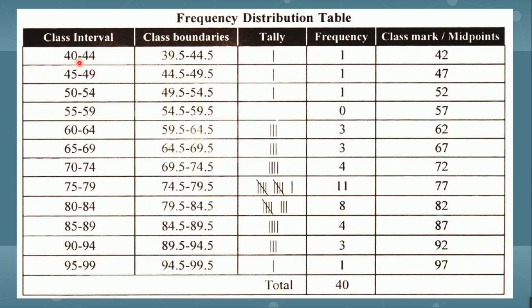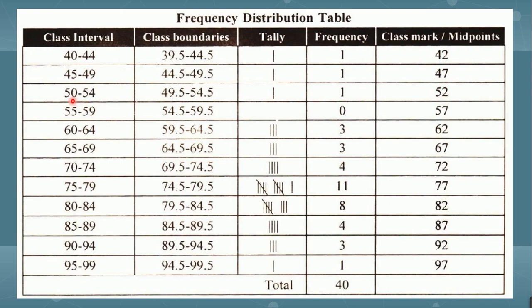Now dividing 84 by 2, you will get 42, which is the class mark or midpoint of this class interval. And similarly, adding 45 and 49, we will get 94. 94 divided by 2, we will get 47. 47 is the midpoint of this class.